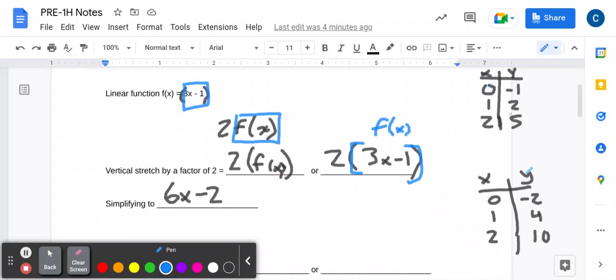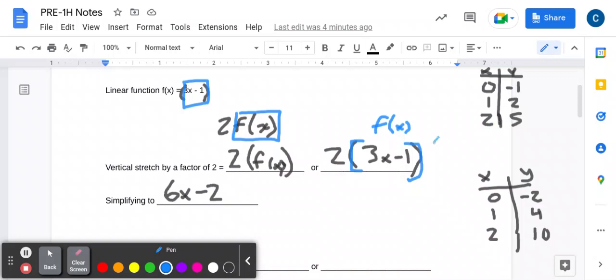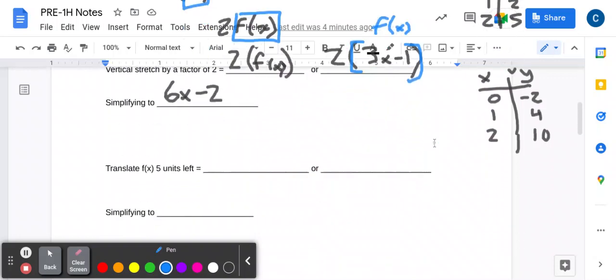And we see that the y values double for the corresponding x values. You don't have to plot these points, but these points are all what make up the line that we graph if we go to graph on Desmos.